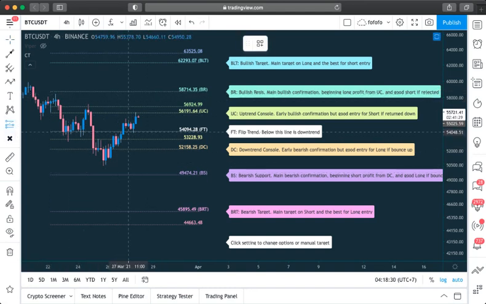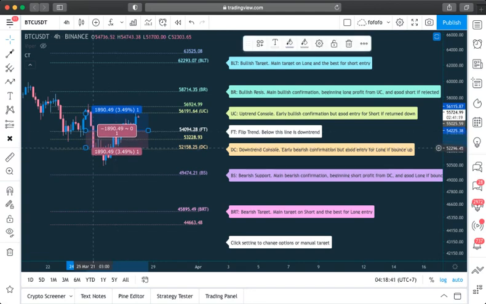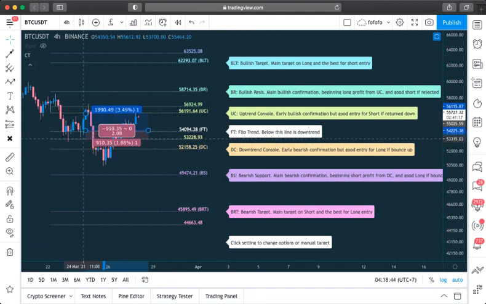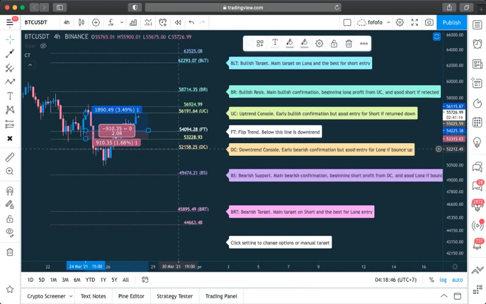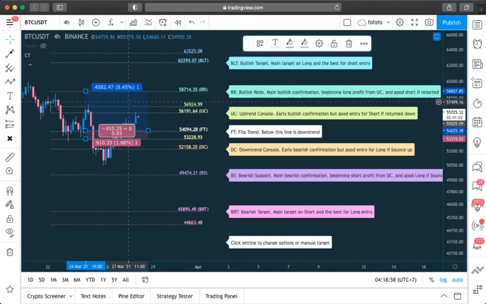So I will do something like this. I will try to have a long on the flip trend area with the cut loss on the downtrend console with the higher line, with the target at the bullish resistance.